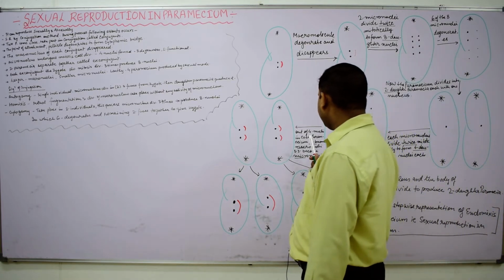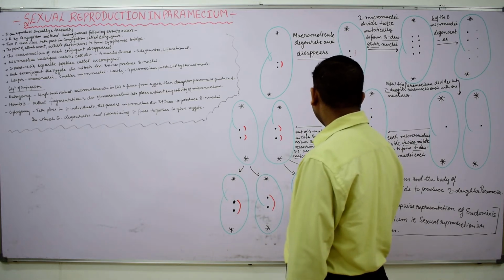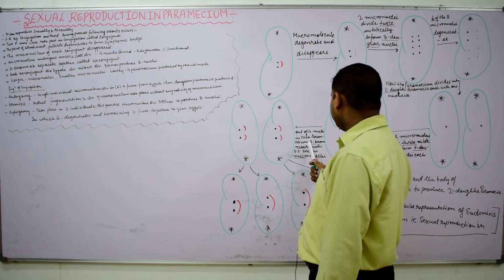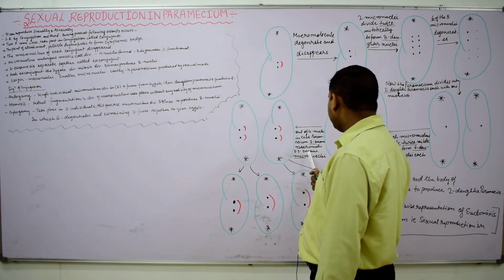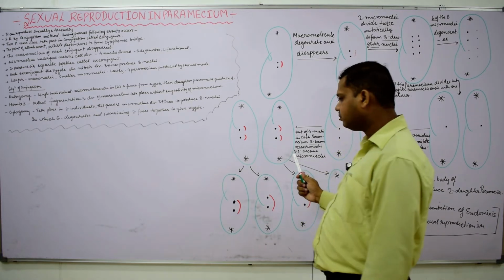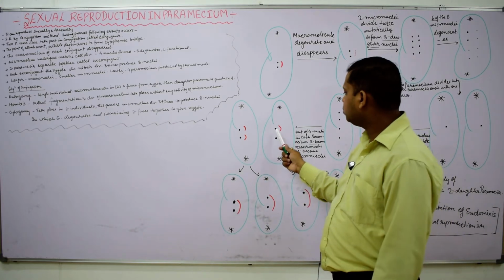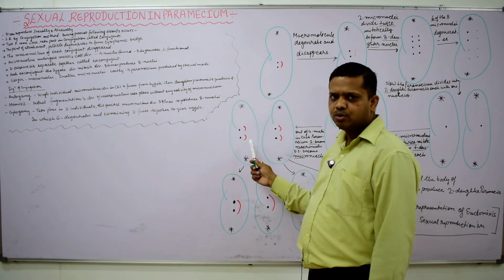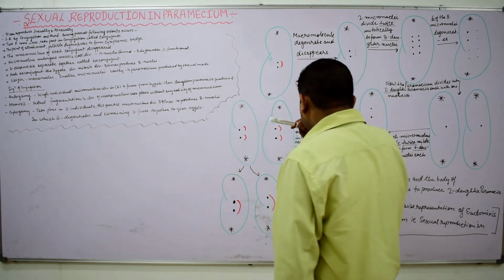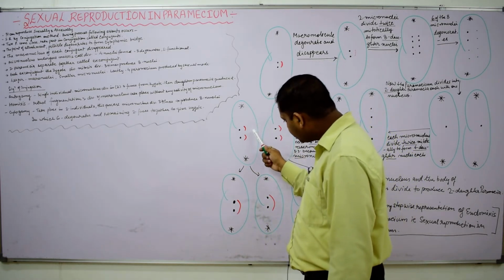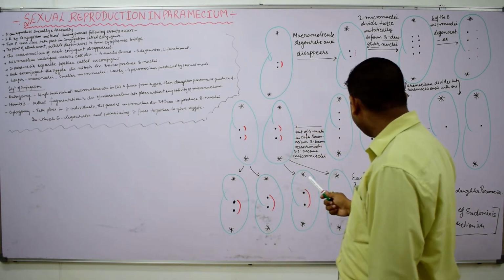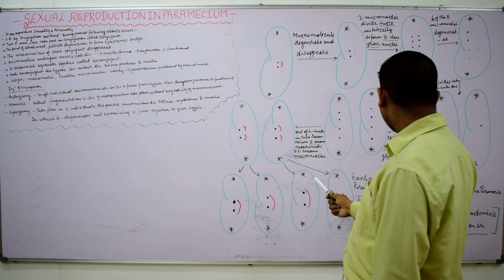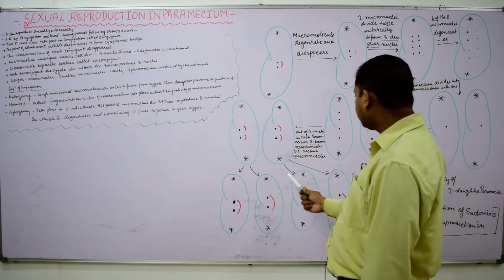Now, of the 4 nuclei in each Paramecium, 2 become macronuclei and 2 become micronuclei. What will happen after this? Each macronucleus and the body of the Paramecium will divide to produce 2 daughter Paramecia.